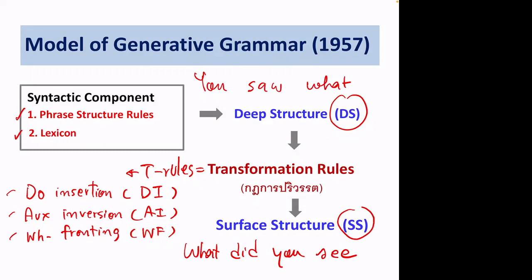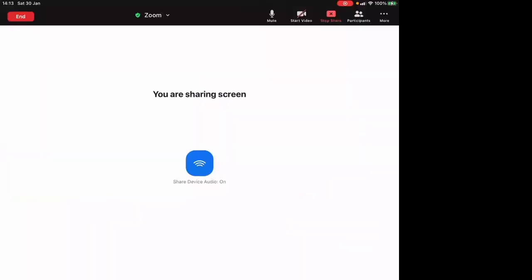So this is an example of how a sentence is derived from the deep structure to the surface structure.